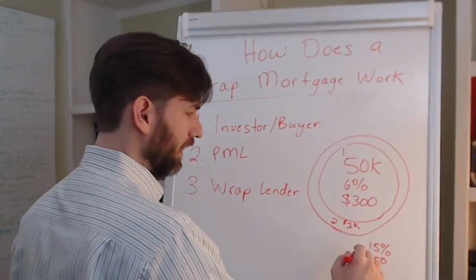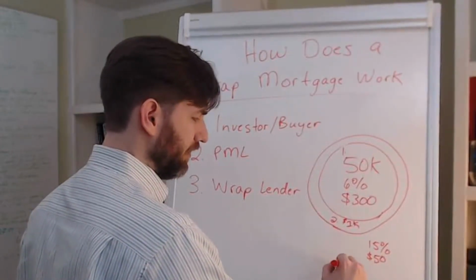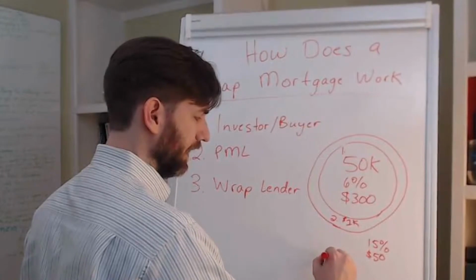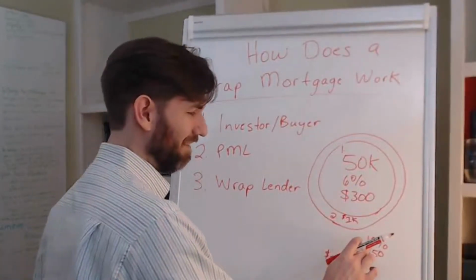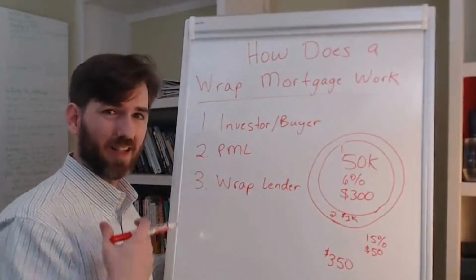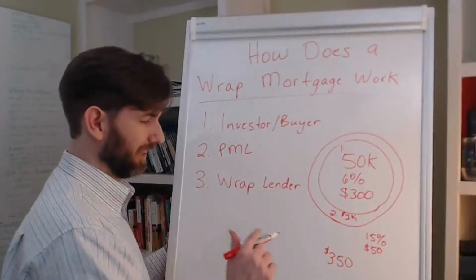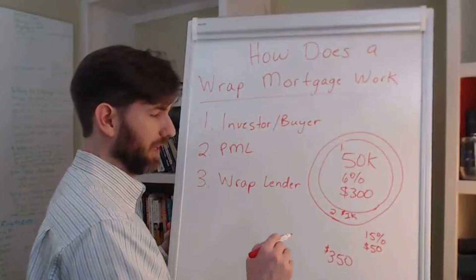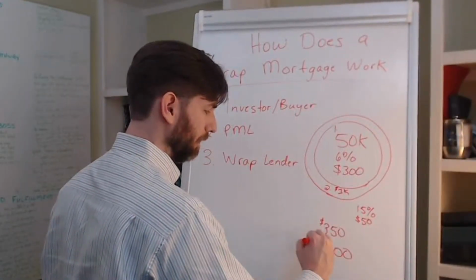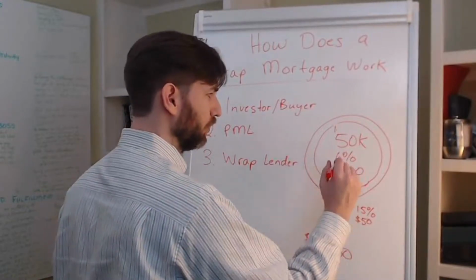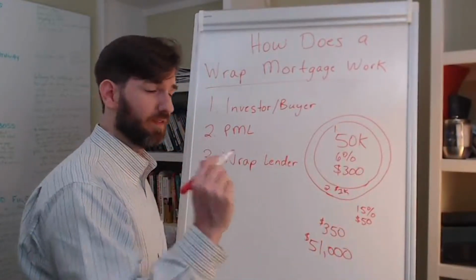And so what's happening here is there's a $350 payment being made. $300 of it goes to the first position lien holder, and $50 of it goes to you. You are the second position lien holder. And what's interesting is when you write out this promissory note, the promissory note is for $51,000 because it refers to the first position loan of $50,000.